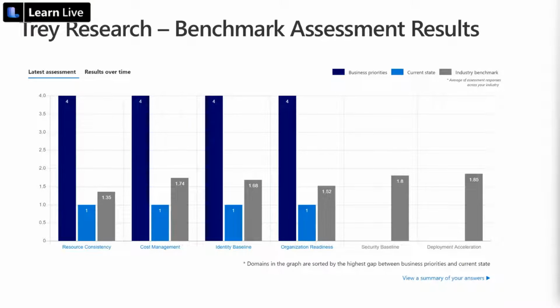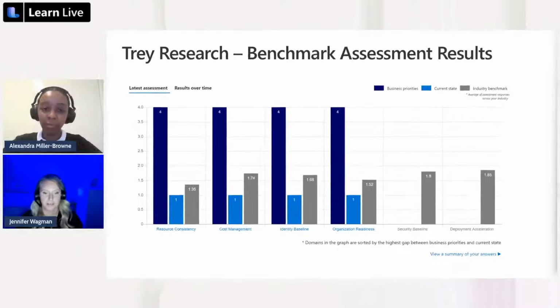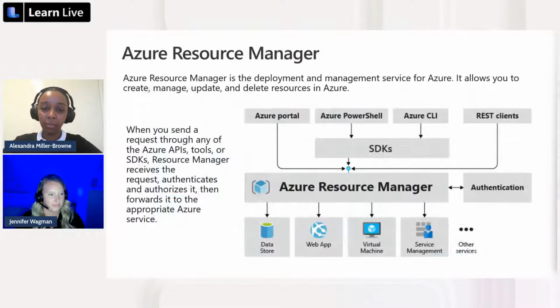And then you can see the industry benchmark and the average here. So you can see that governance is not necessarily being prioritized as high as it should, but we really want to make sure that today you walk away understanding why governance is important and how having a really good governance strategy can make your cloud adoption and migration processes so much easier.